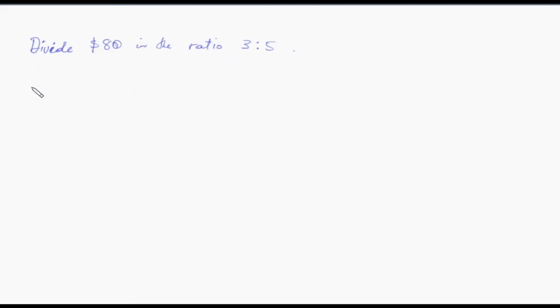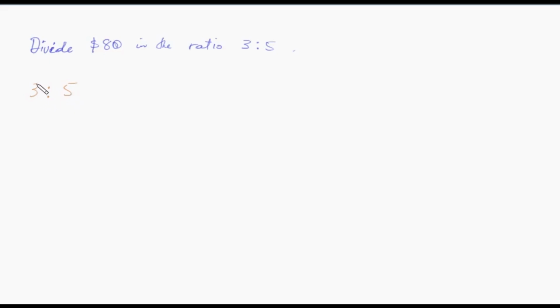So you take your ratio, right? 3 is to 5. So you are going to divide $80 in this ratio. So for you to do that, you need to first of all add these ratios. 3 plus 5 is 8, all right?